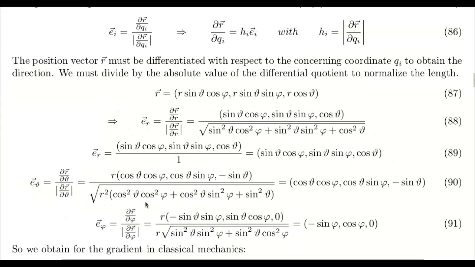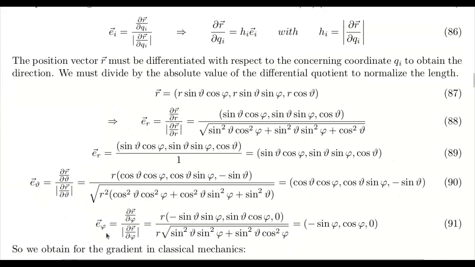That means we have cosine square phi and sine square phi, which is 1. And then cosine square theta plus sine square theta is 1. That means there is only a factor 1 here in the denominator. And so what we have here in the numerator without r is what we have as a result here for e_theta.